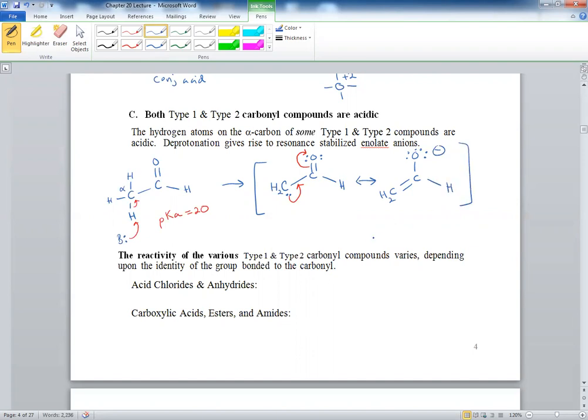So once again, these are resonance stabilized, and we have a name for them, we call them enolate ions. We'll study this in chapter 23 and 24.